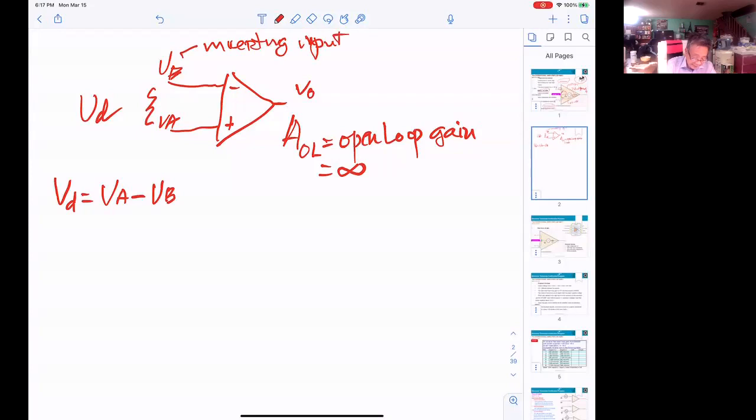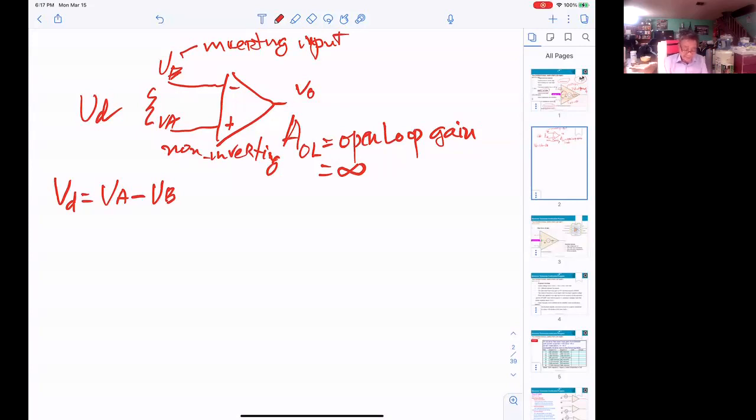On this side, it's the non-inverting input. So when they talk about non-inverting or inverting, you know which one.